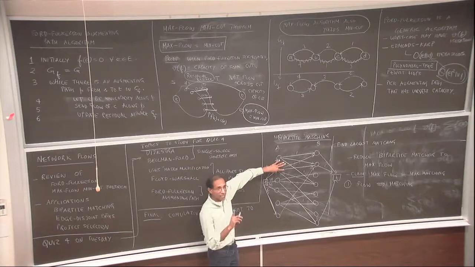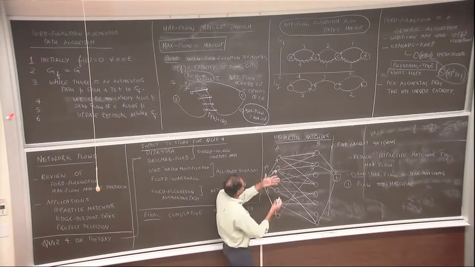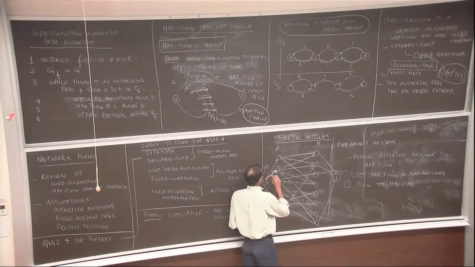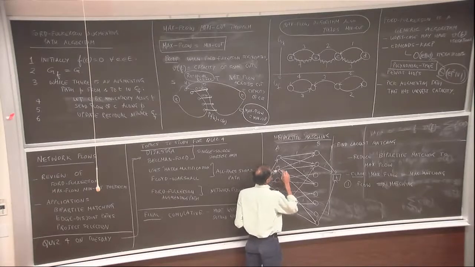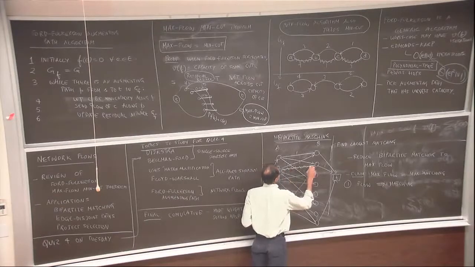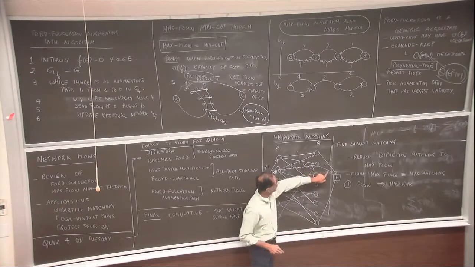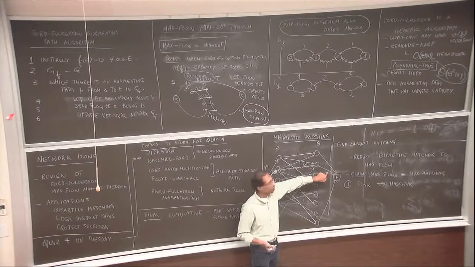And in fact, exactly one of them should have a value of 1, not more. So if it's a valid flow, then one of the edges, let's say this edge, has to have value of 1.